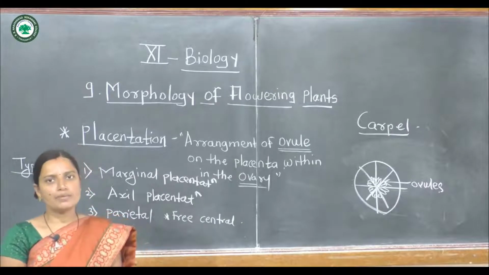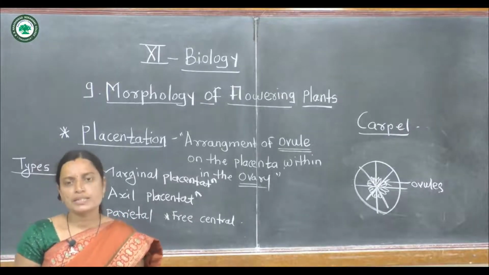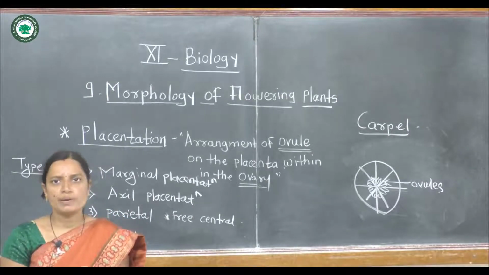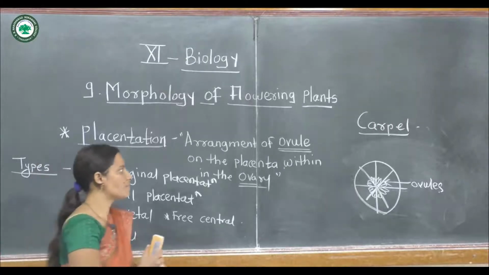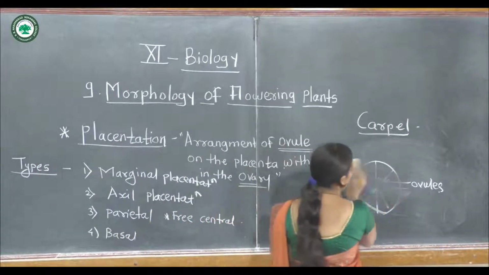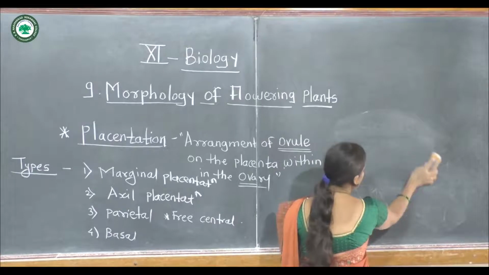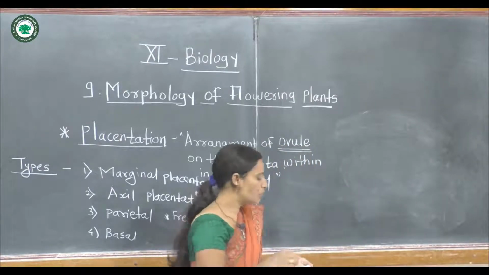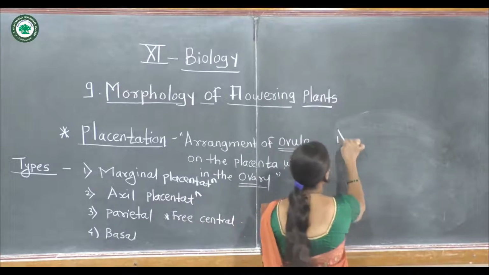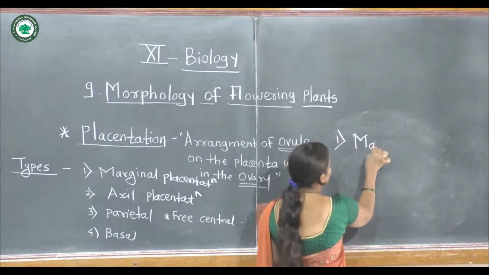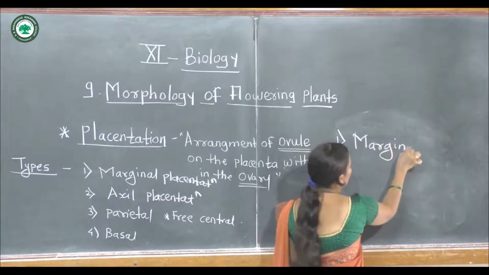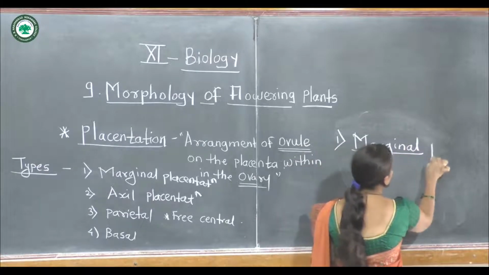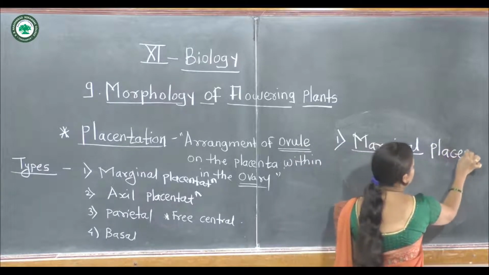These are the types of placentation. Now let us discuss these four types. The first type is marginal placentation.